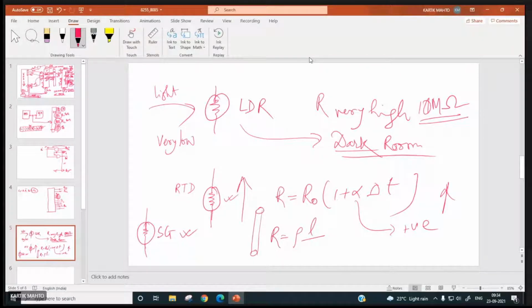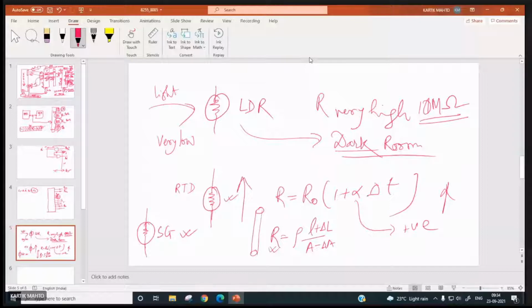So if L increases by say delta L and area decreases by say delta A, then of course this resistance will increase. So with increasing pressure, resistance is increasing. With increasing temperature, resistance is increasing. If light intensity is decreasing, then also resistance is increasing in this case.